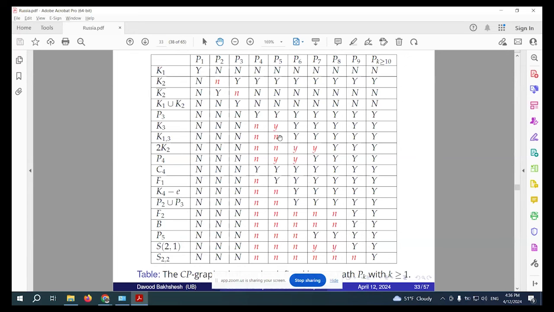Let CPi be the CP graph, coalition graph of paths, in row i, and let Pj be the path in column j.